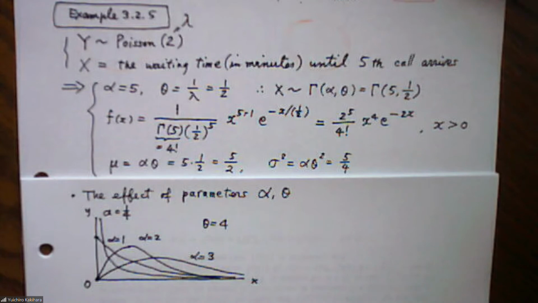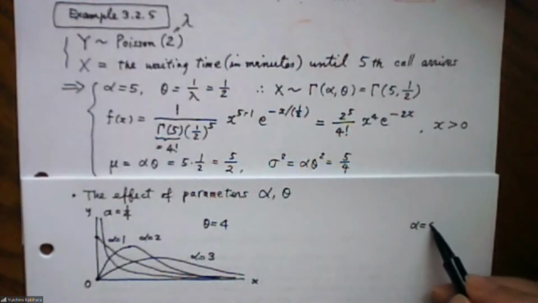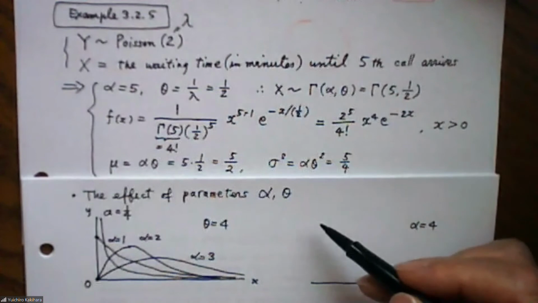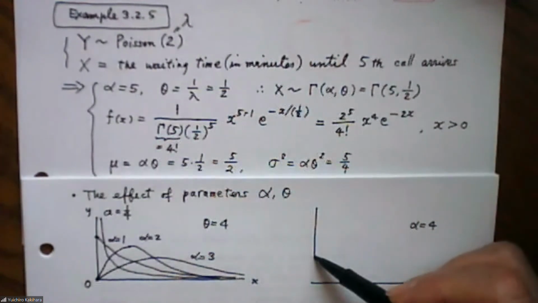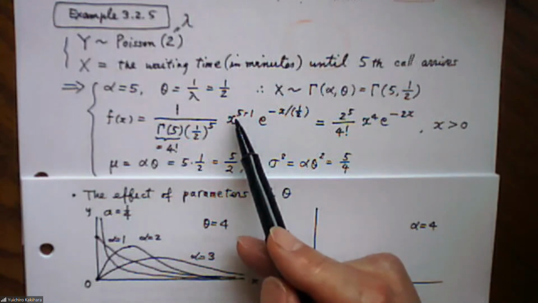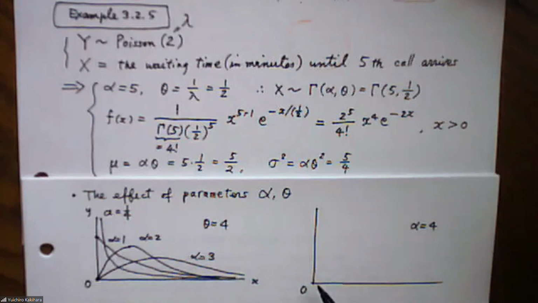That's the graph. All right, then the next case is alpha is now fixed to 4. Then the graph goes like this. Observe. Alpha is 4 means this part is 4, and 4 minus 1 is 3. So this is x to the 3 all the time, so always starting from the origin.